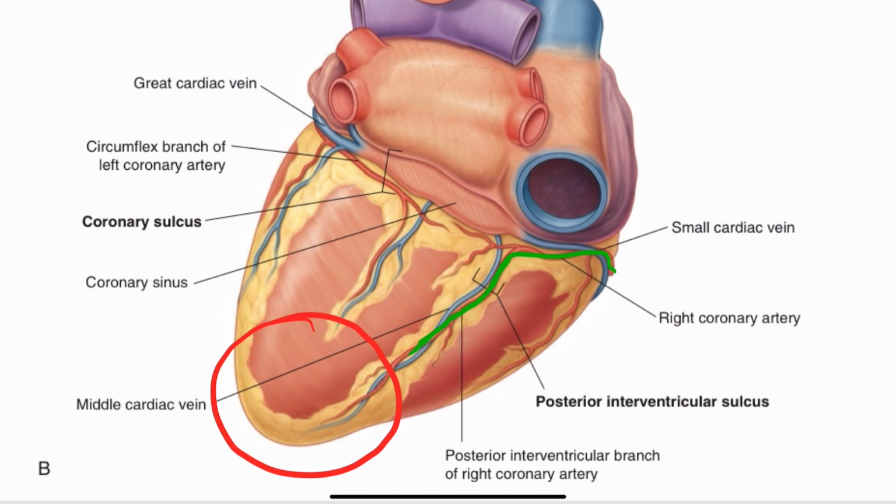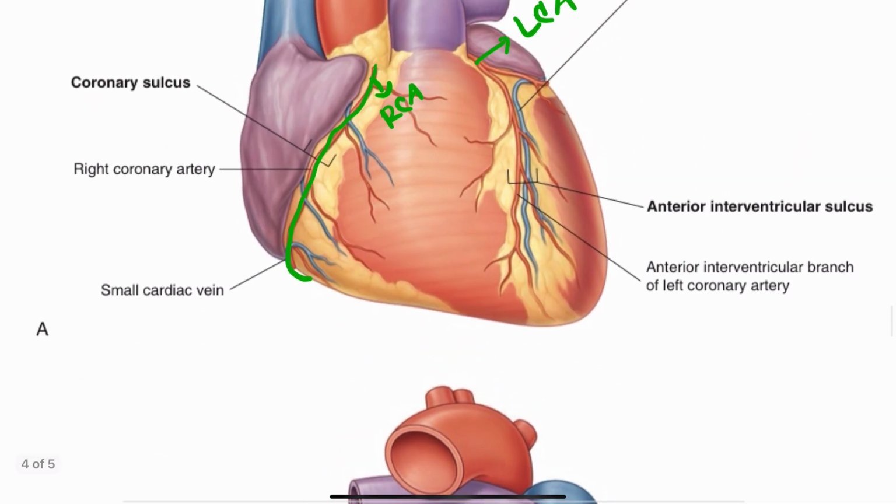Then it goes towards the inferior surface, and at the apex of the heart it meets with the left circumflex artery to produce the crux of the heart. So we can see here the infarcted area is in the inferior surface, and the supplying artery is the right coronary artery, right? Now we will discuss the complications of inferior MI.